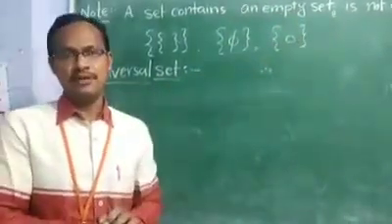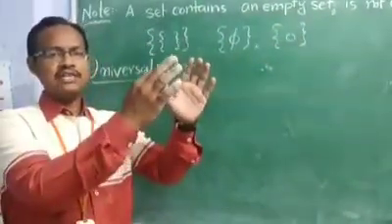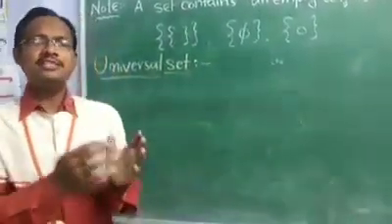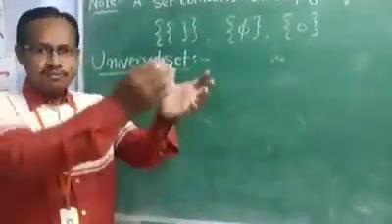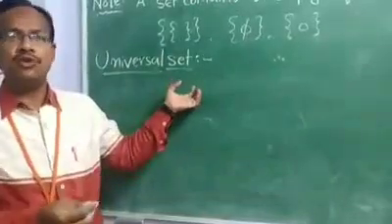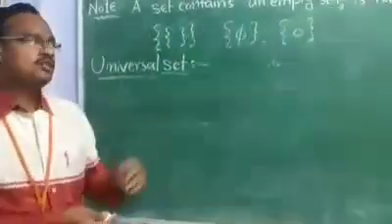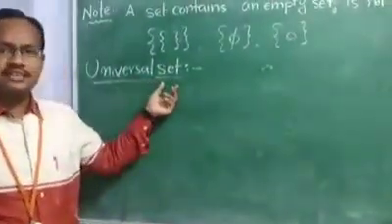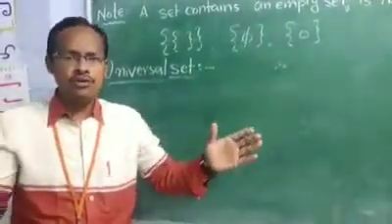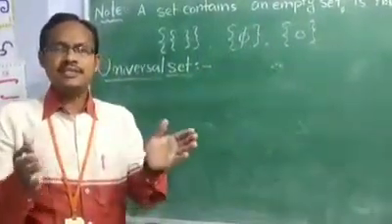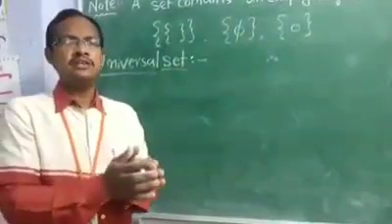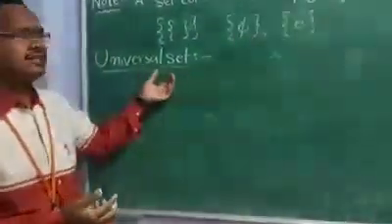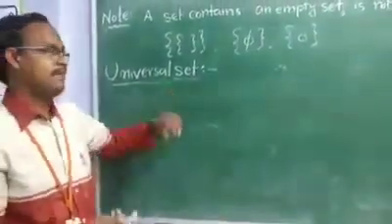From the English alphabet. So the set of the English alphabet is a universal set. From that we took the set of vowels and consonants. So here the universal set means a set that contains all the elements, from which we are taking our required sets.